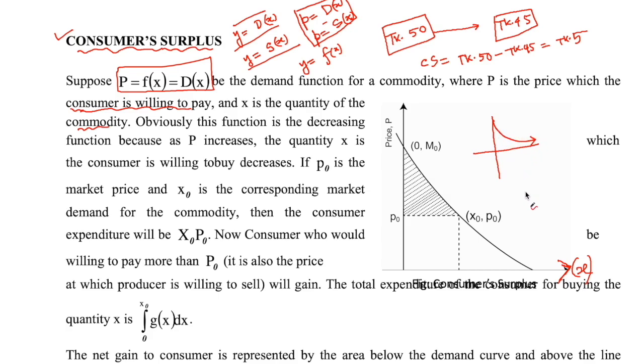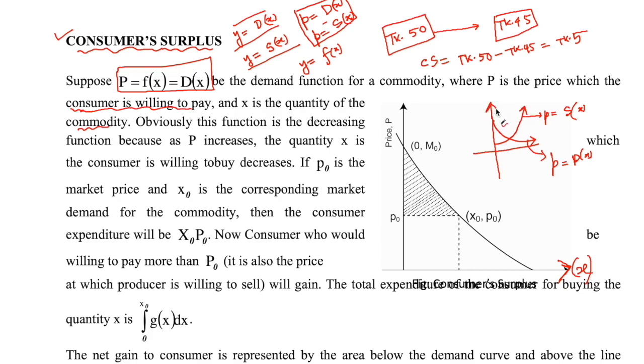And what happens in the supply curve? When price increases, then supply increases. This is p as a function of s(x), and this curve is p as a function of d(x).